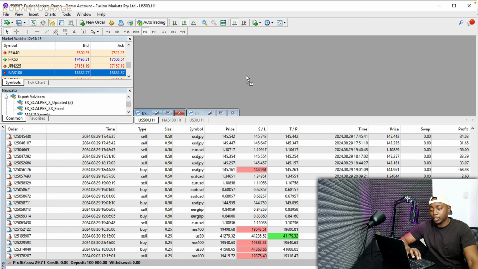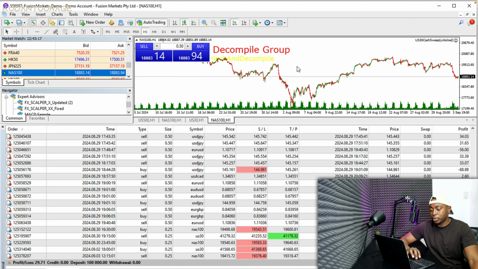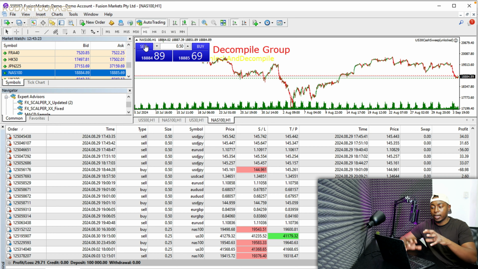So let me just go to my screen here. I'm just going to show you how easy it is to set up this trading robot. The first thing you're going to need to do, once you get this bot, is literally open a chart. So here I'm just opening a NAS100 chart. This works on the 1 hour time frame because it allows us to see more of the chart, more of the greater trend of how the US30 is working.